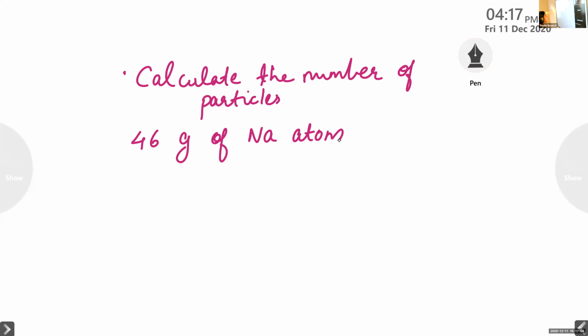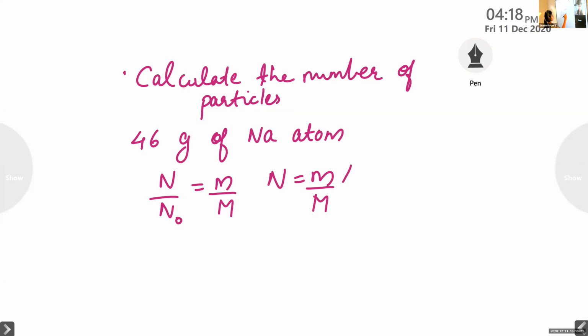Which equation can be used? Tell me which equation can be used. m by M into N0. N by N0 is equal to m by M, right? We have to find out this N. So m by M into N0.